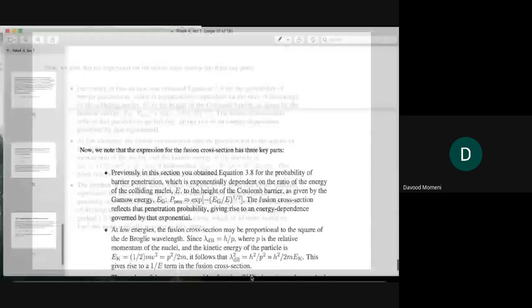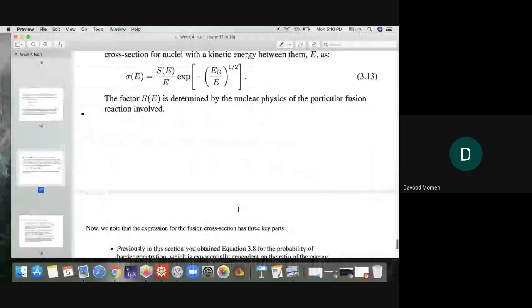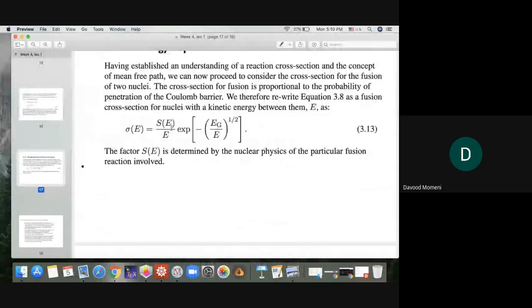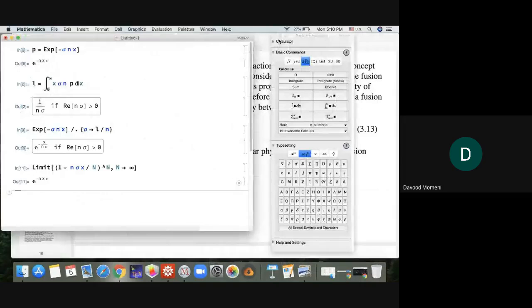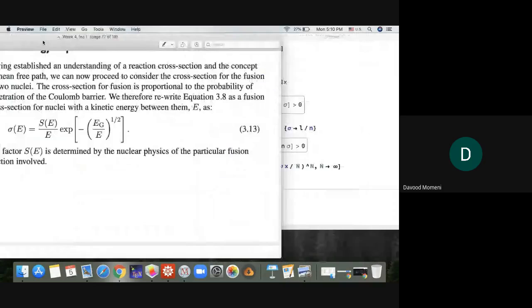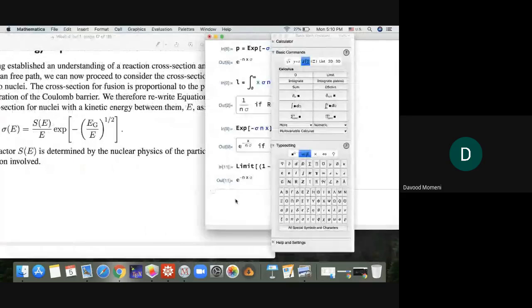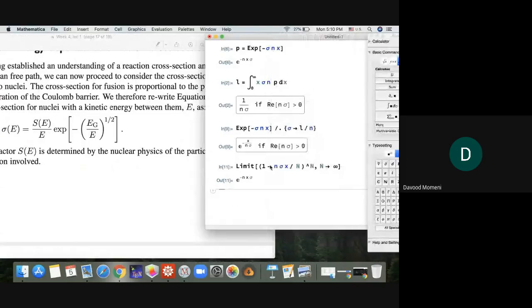Let's consider EG over E as a parameter X here in our model, okay? What I want to do as the last thing today is plot this function and see what's going on here. As I told you, you don't need to worry about the S, so we consider S as a constant. Let us take S as 1 or a very tiny number.